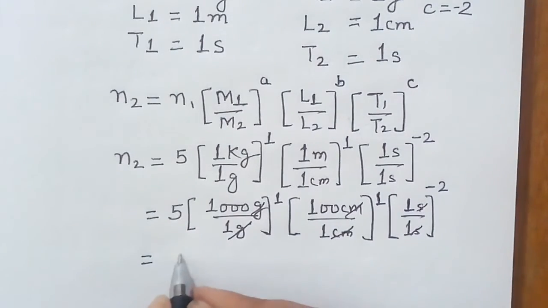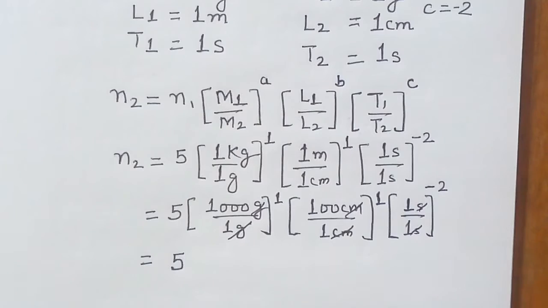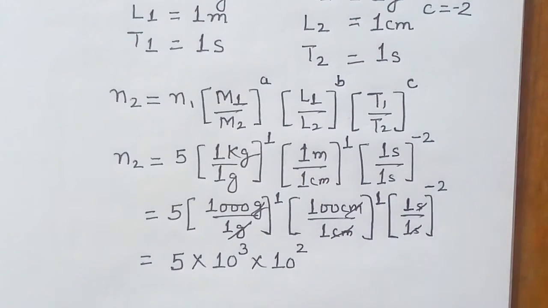Now after that it becomes 5 and 1000 to the power 1. 1000 to the power 1 can be written as 10 to the power 3. Now here 100 to the power 1 can be written as 10 to the power 2. And here second gets cancelled, and 1 to the power minus 2 means 1.